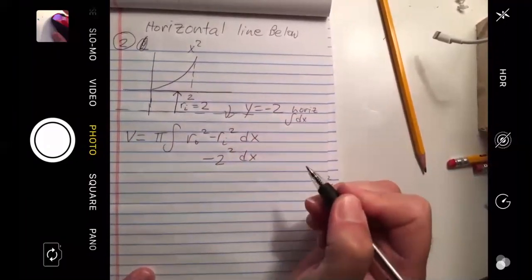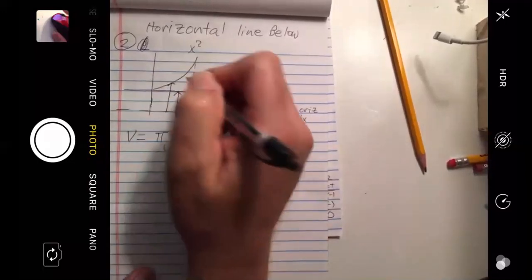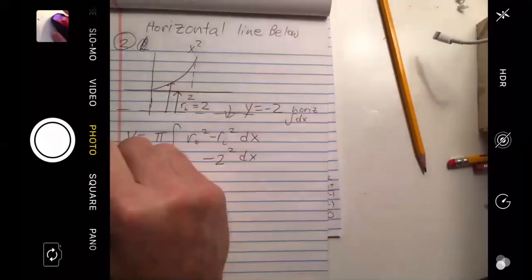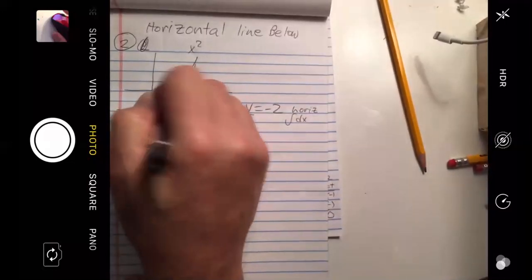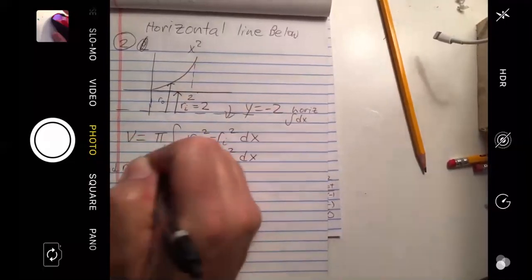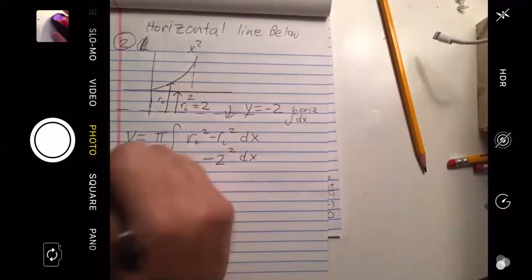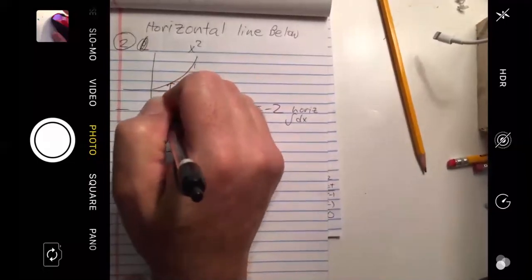Okay, the outer one. I'll do the logic. I have to find our outer. This is the outer part of the region. Okay, let's see.